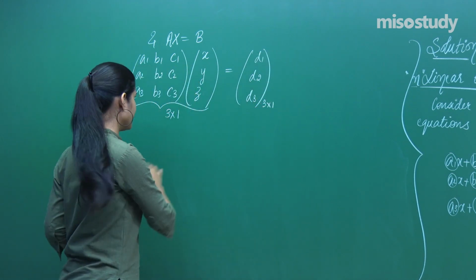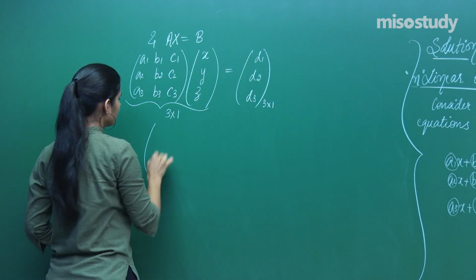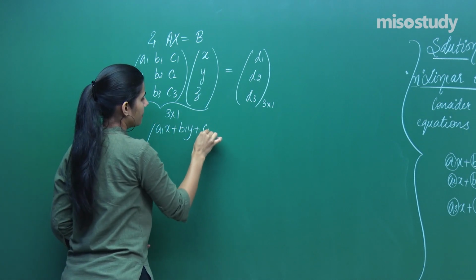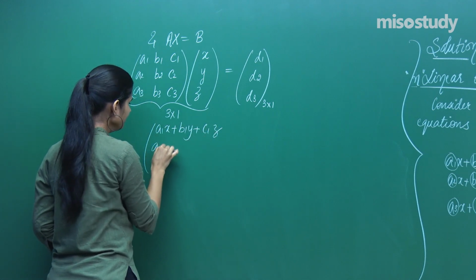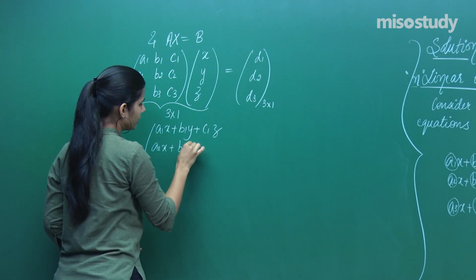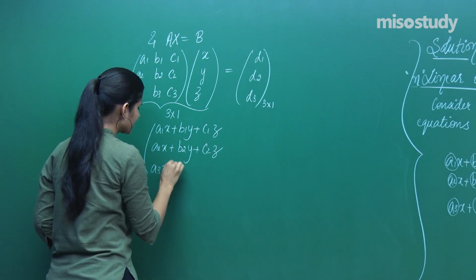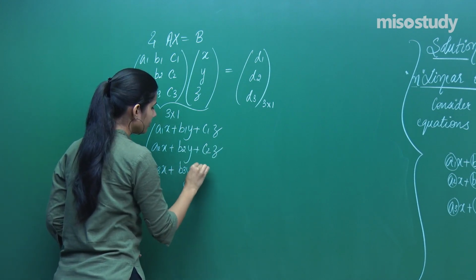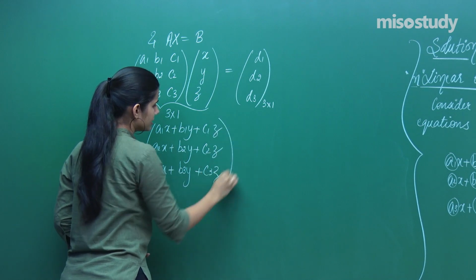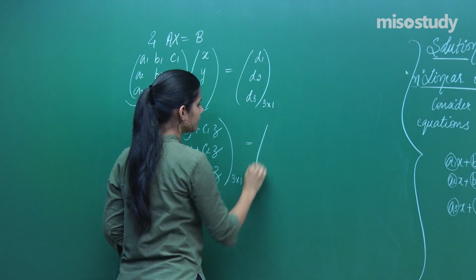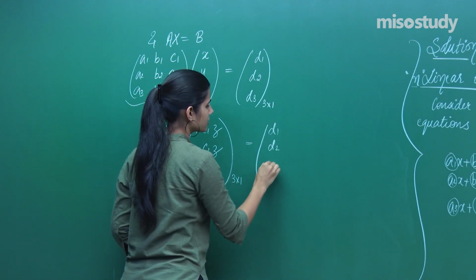Clear? So this makes sense. Just multiply this, you know this is A1X plus B1Y plus C1Z, A2X plus B2Y plus C2Z, A3X plus B3Y plus C3Z. This is a 3 cross 1 matrix and it is equal to this 3 cross 1 matrix.